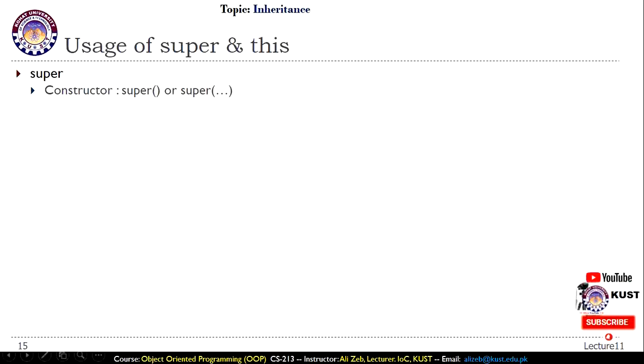It can either be empty with no arguments, where it will call the zero-parameter constructor of the superclass, or it can have some arguments where it will call the superclass's constructor that takes some parameters.